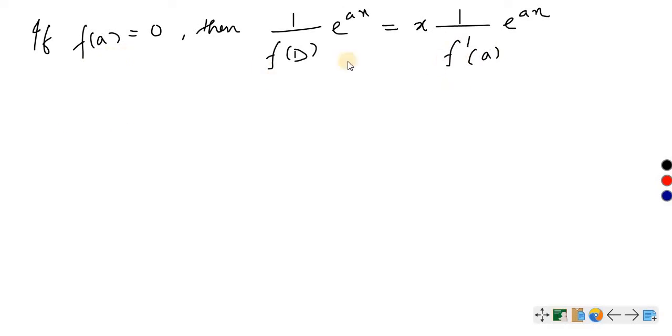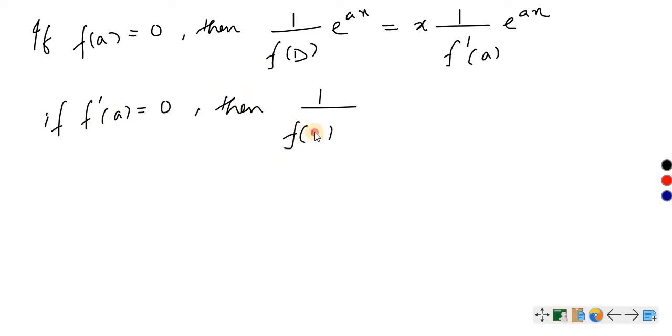Suppose again we are getting f'(a) equals 0. In that case, what do we do? We do the same thing: 1/f(D) e^(ax) equals x² times 1/f''(a) e^(ax). We differentiate it twice if we get f'(a) equals 0.